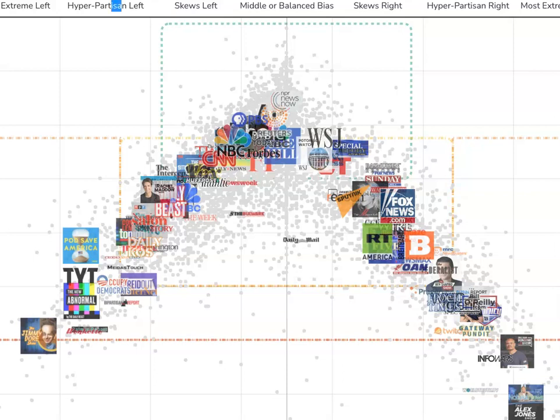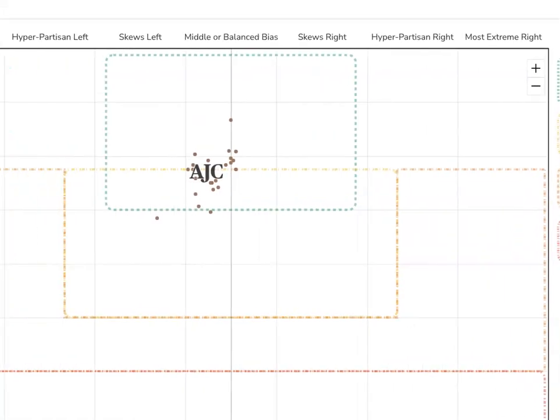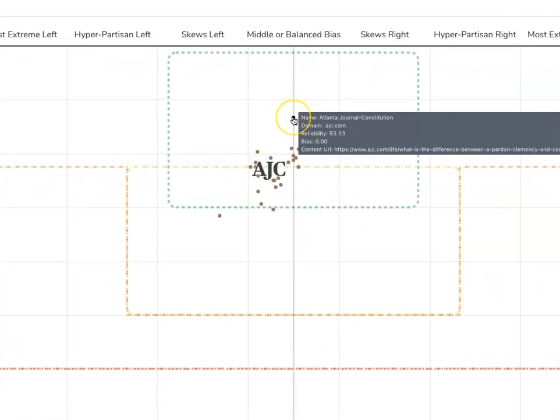So let's go over here, and I'm going to type in Atlanta, sorry, Journal, and you'll see the Atlanta Journal-Constitution falls here. And it's kind of in the zone, but it's a little bit under with some reliability issues or extremism, but it's really pretty moderately placed.